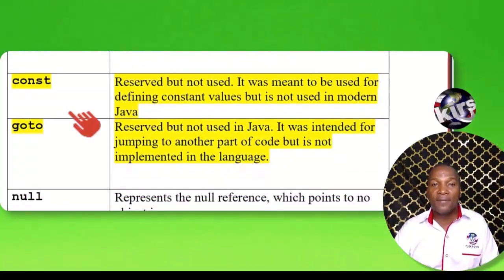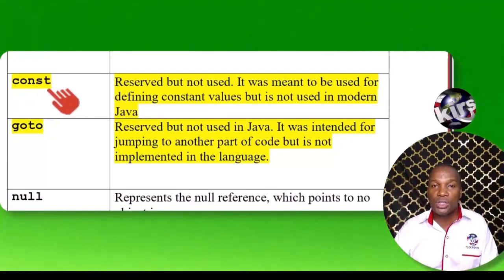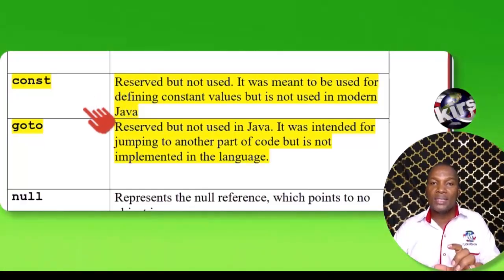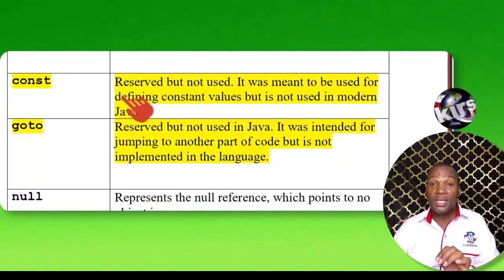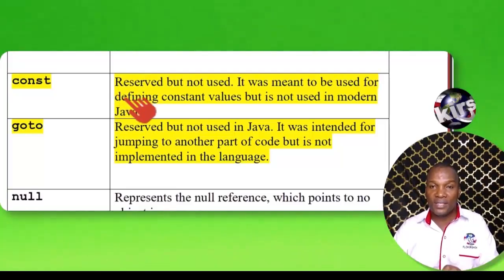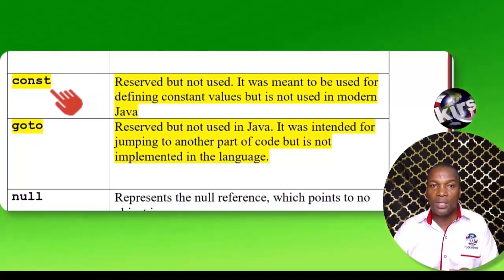Then we have a keyword which is known as const, and I want us to note these two keywords very well, which I've grouped together. These two keywords are no longer used in the current Java versions. This is const, reserved but not used.